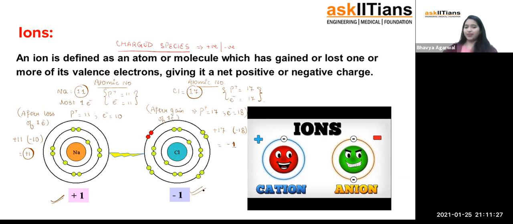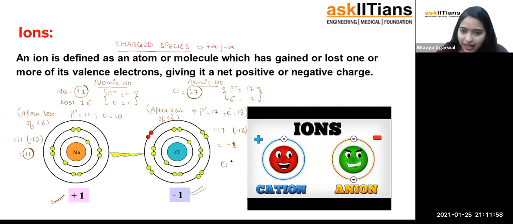As a result, can I say that due to this transference of electron, chlorine has gained an electron, and because of this gaining, it acquired a negative charge of minus 1? Since it acquired a charge, we can call this a chlorine with a negative charge.